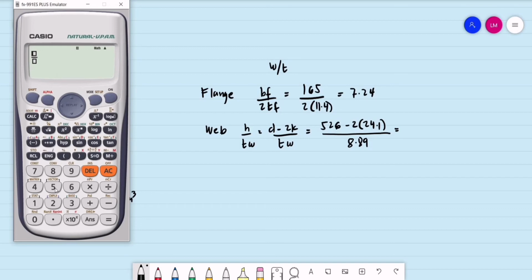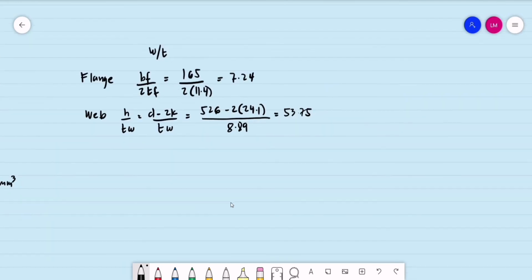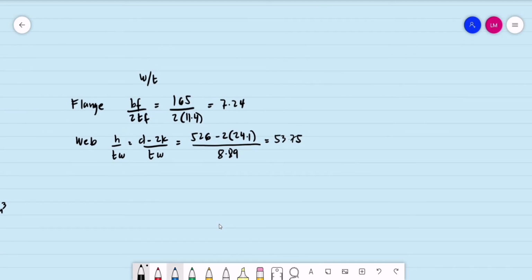So this is 526 minus 2 times 24.1, then divided by 8.89, and we have 53.75. Then we are to compare these values to our limit, the value of lambda sub p. So what is the value of lambda sub p for the flange?